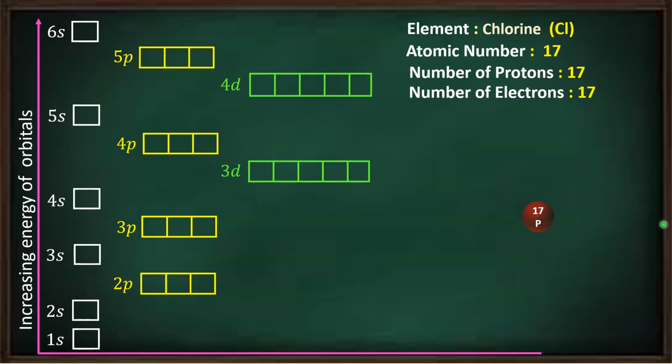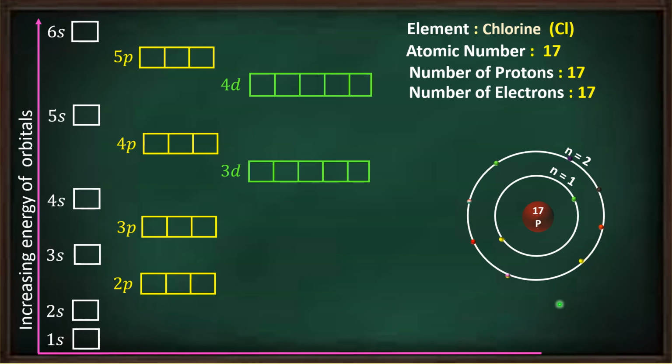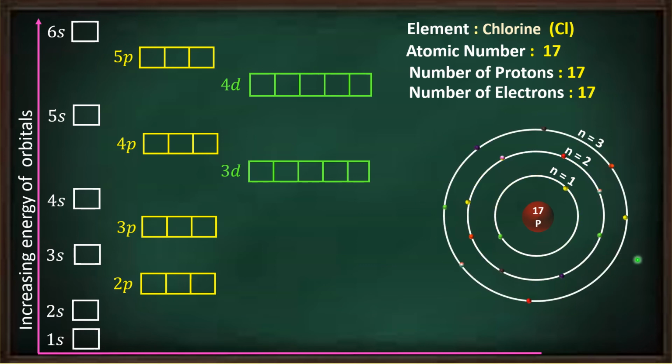So 17 protons are there in the nucleus of chlorine. 17 electrons revolve round this nucleus in the various orbits. So the first orbit has 2 electrons, the second orbit has 8 electrons, and the third orbit has 7 electrons. Totally 17 electrons are there to fill into the various orbitals.